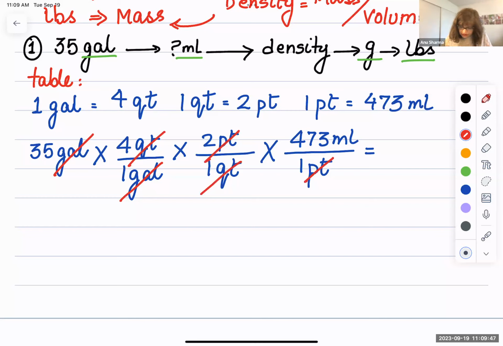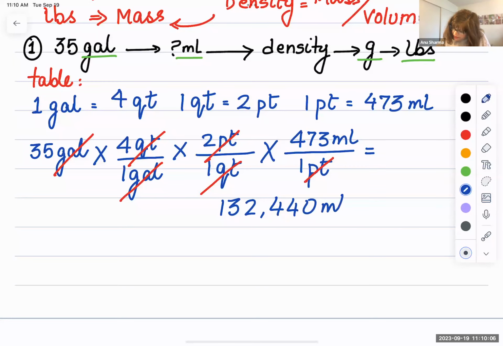All right, so let's do this here. 35 times 4 times 2 times 473. That is a big, weird number: 132,440 milliliters.